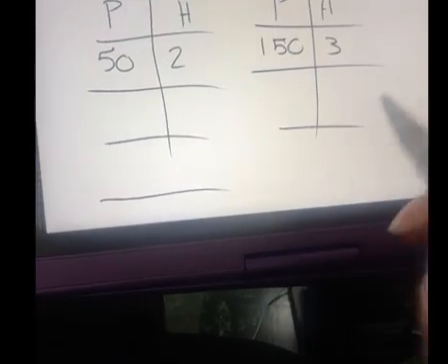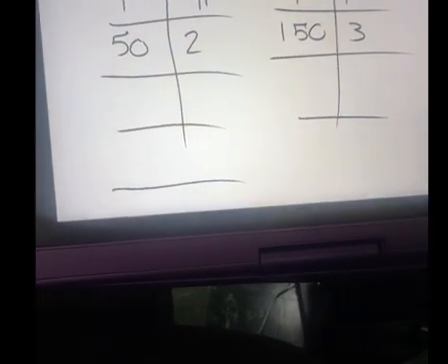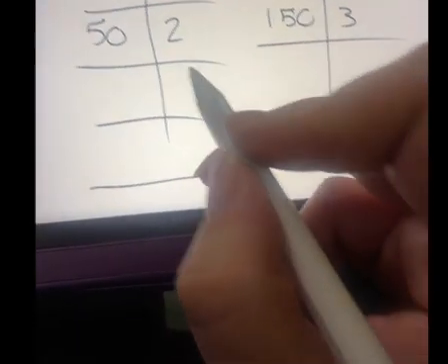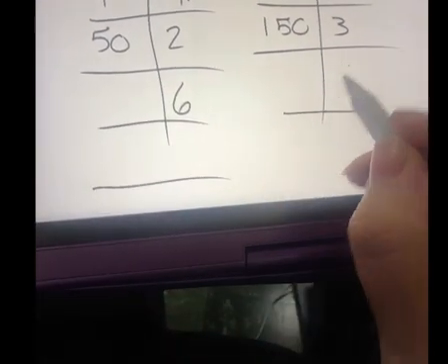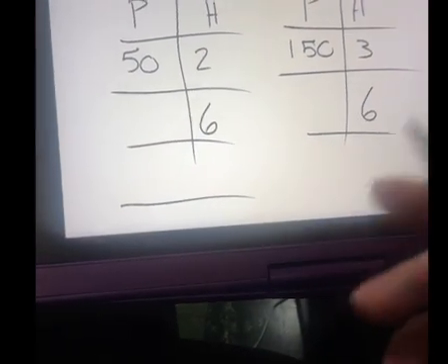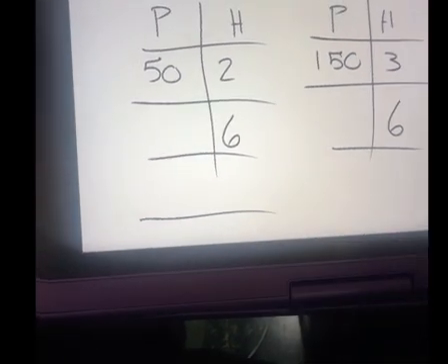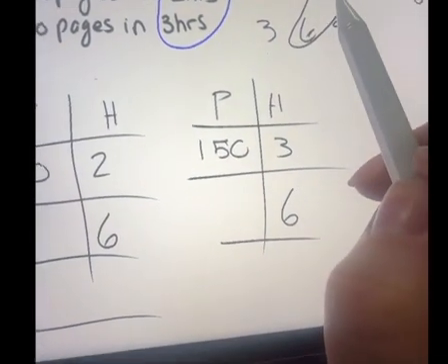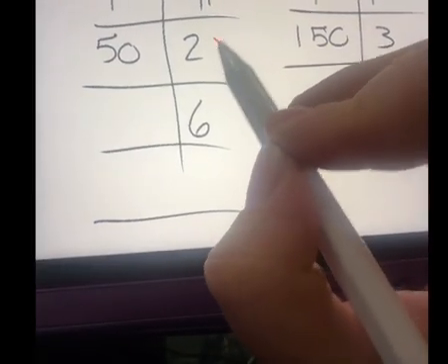Now, in order to answer the last question, to write a sentence comparing them, again, we can't have a 2 versus a 3. We need to turn them into a number that they'll have in common. So I can turn both of these numbers into an equivalent ratio using a 6. So in order to do my table, I need to think about how many times I'm skip counting by a 2 to get a 6. That is 3 times.